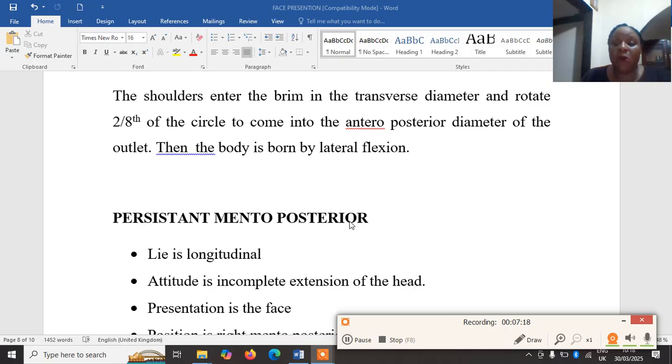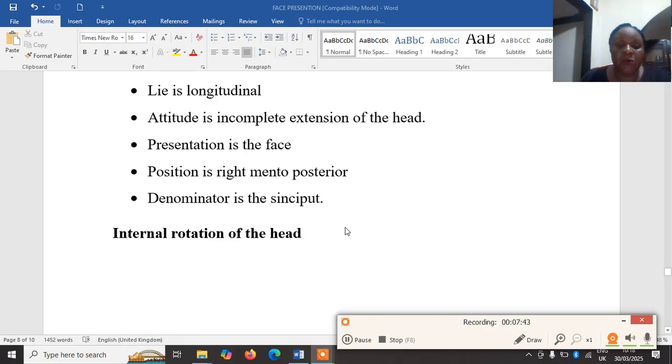And if it is caught up in the sacral curve, the sinciput will now become the denominator. And because the sinciput is now the denominator, the head will be caught up in the pelvic cavity, and no more descent will occur. And this mother will get what we call obstruction. So this mother may need to be rushed to theater.